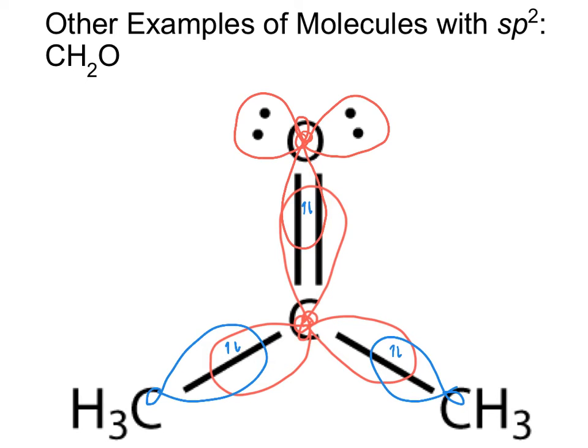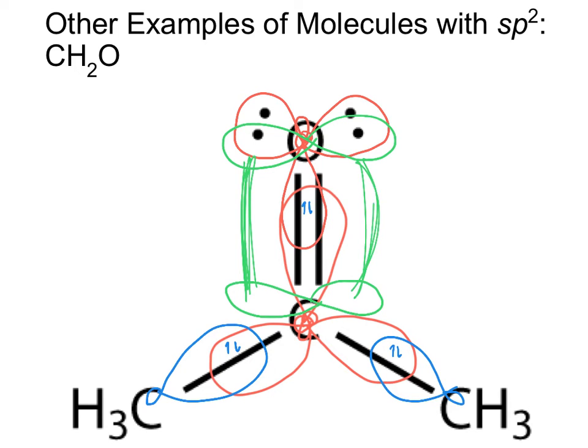Now remember that we still have a p orbital in our carbon that has not been hybridized. We also have a p orbital in our oxygen that has not been hybridized. This will allow for pi bonding to the sides of this molecule. And so between the carbon and the oxygen, we have 1 sigma bond and 1 pi bond, creating our double bond between the 2.